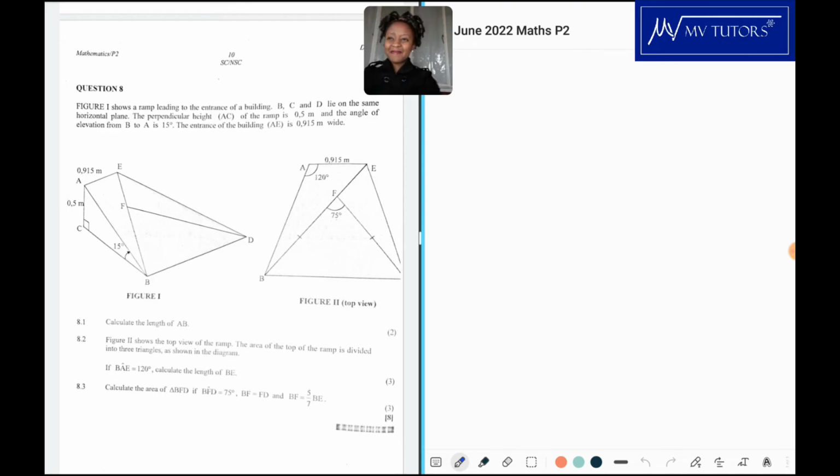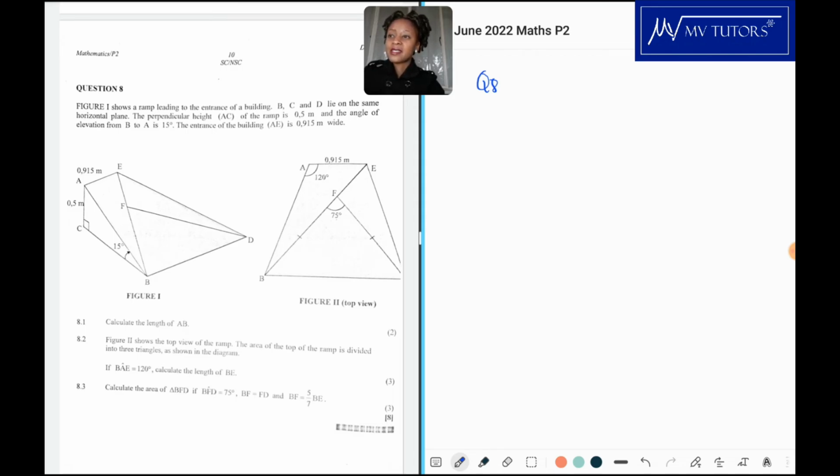All right. Okay. So question 8. It says figure 1 shows a ramp leading to the entrance of a building. B, C, and D lie on the same horizontal plane. The perpendicular height AC of the ramp is 0.5 meters and the angle of elevation from B to A is 15 degrees.